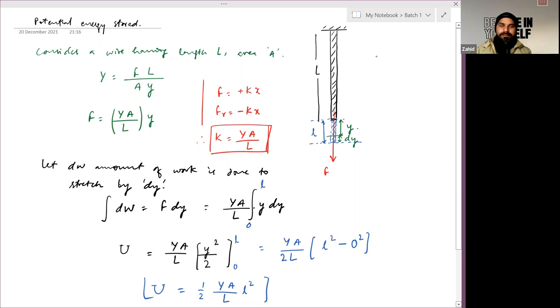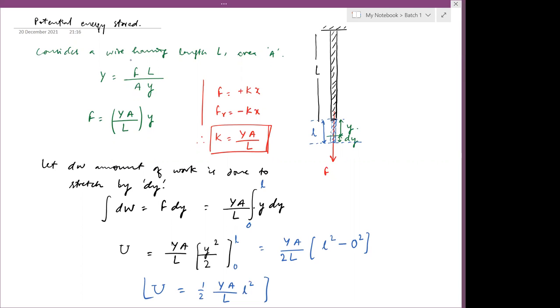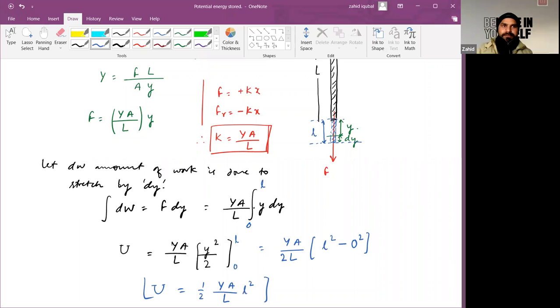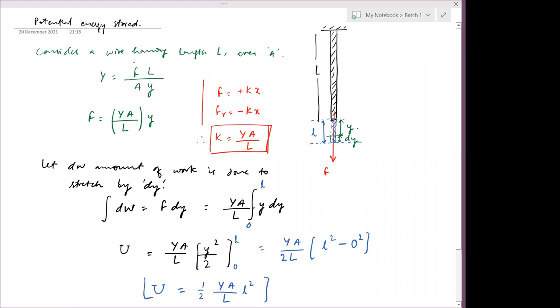Salman, is it clear? Yes, sir. Hamza, any doubt? No, sir. Okay, just write it down.